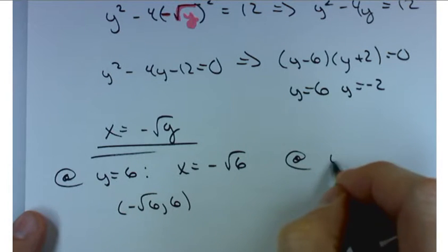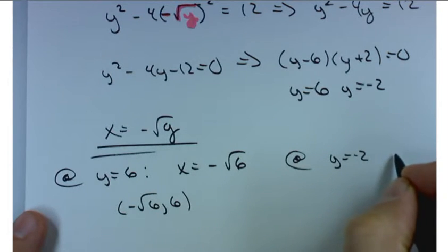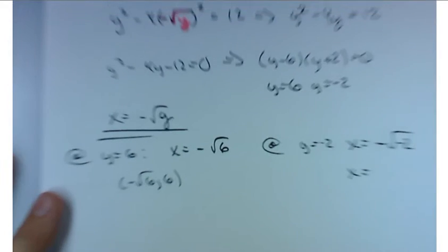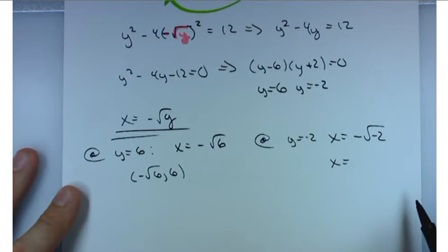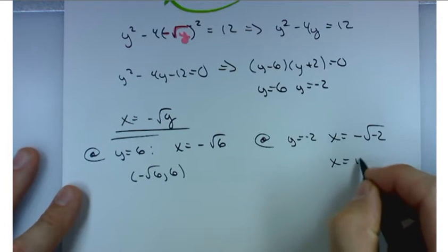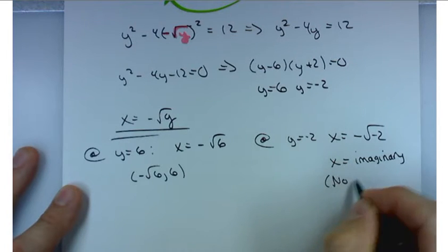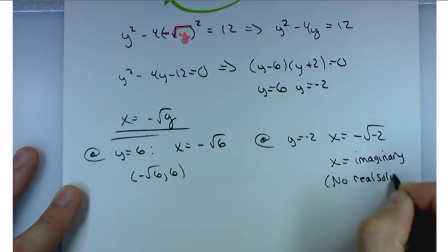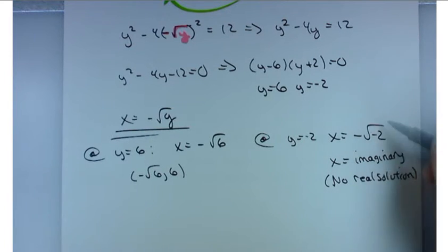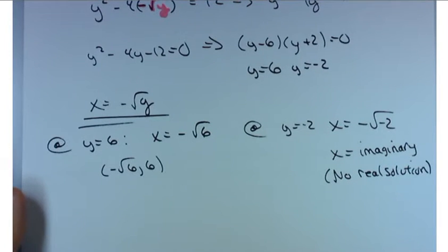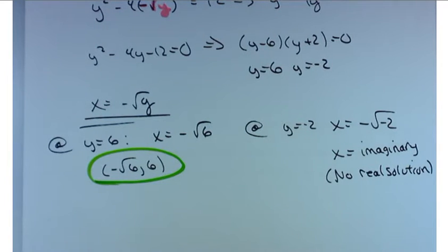What's going to happen at y equal negative 2? Yeah, it's imaginary. So basically there's no real solution. You're not going to be able to see this point on your graph. We're only going to be able to graph in real numbers, not in imaginary numbers. So that's it. There's one and only one solution.